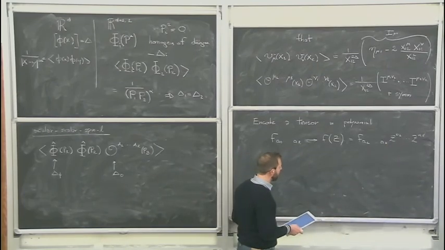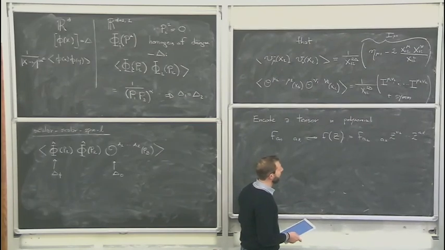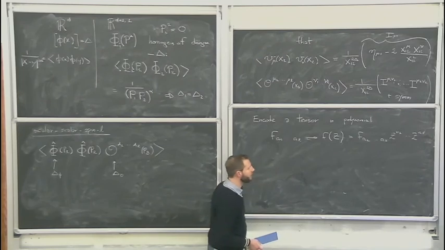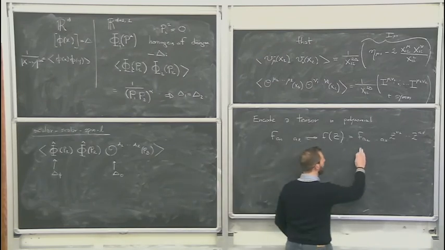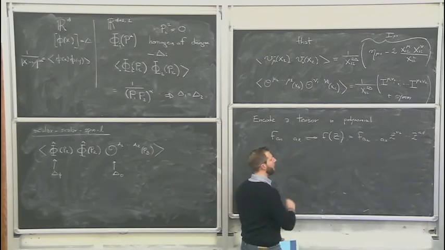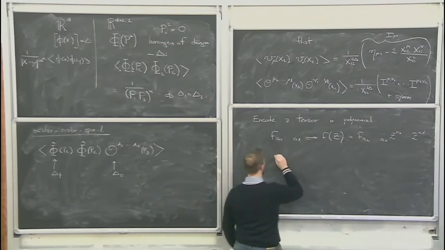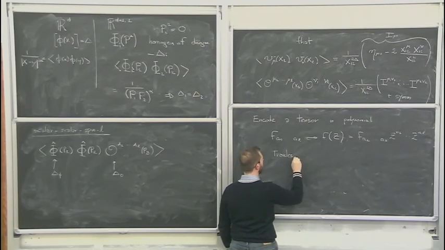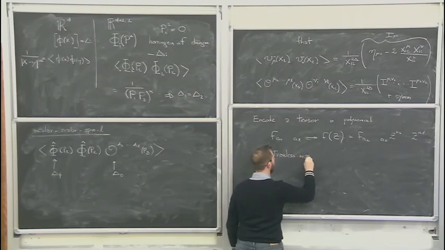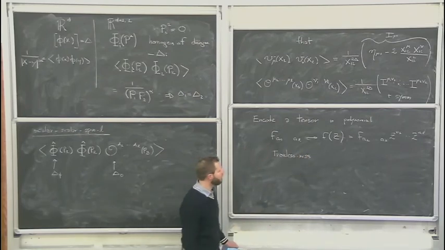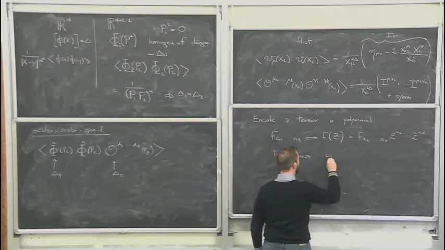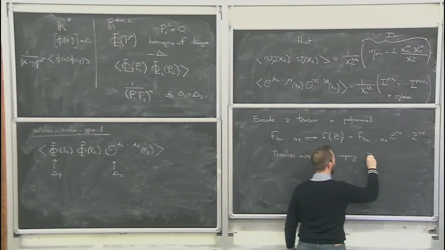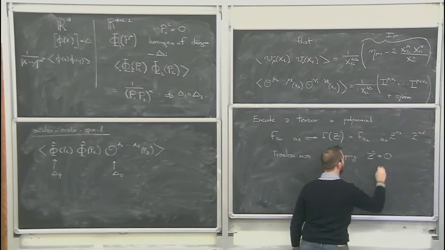And also, tracelessness can be taken into account by imposing that z squared is equal to 0.